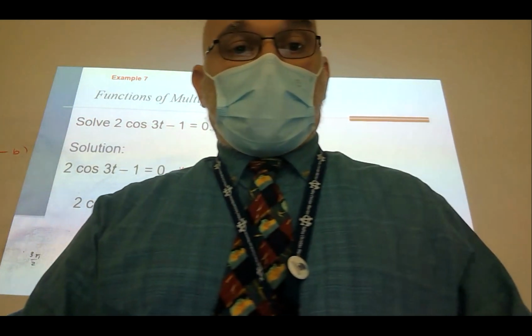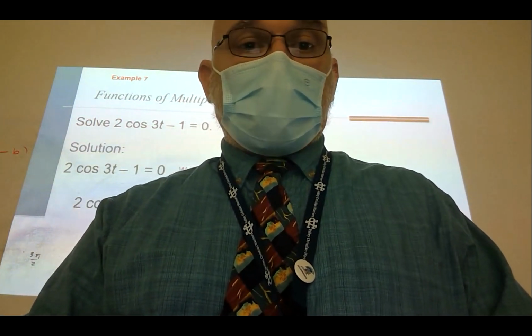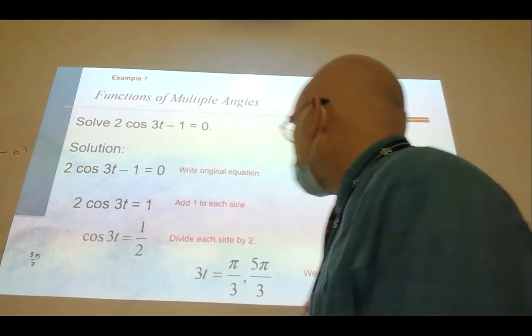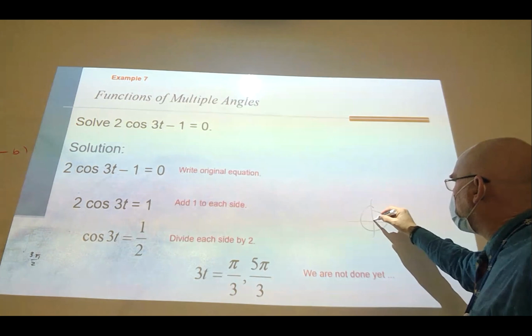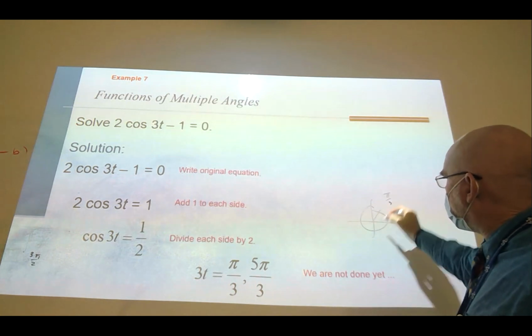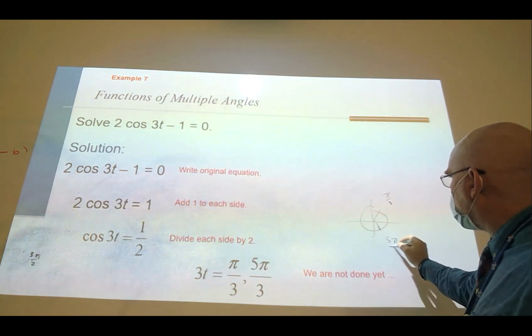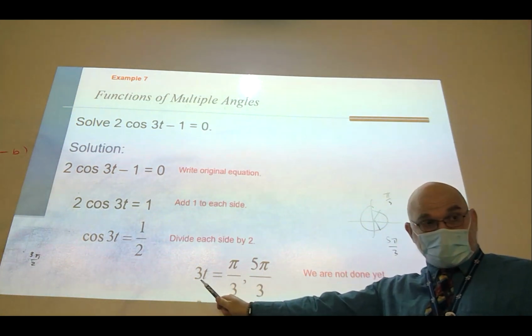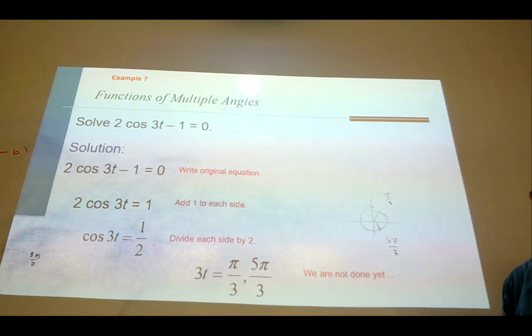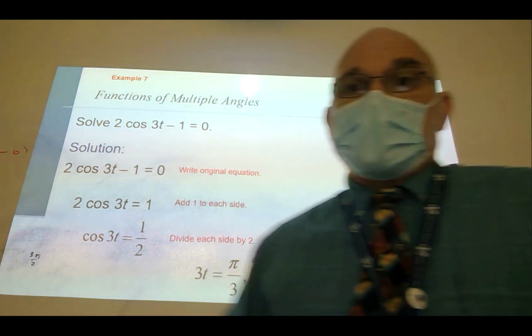So where is cosine equal to 1/2? Well, that happens at pi over 3 and down here at 5 pi over 3. So those are my two places where 3t is equal to that. We're not done yet. The last step.